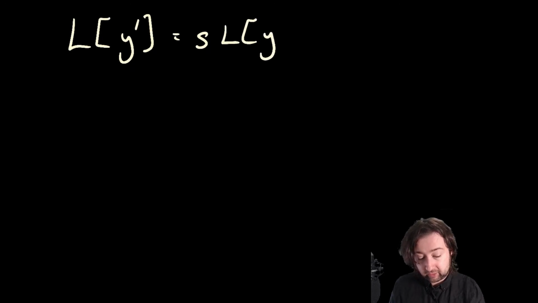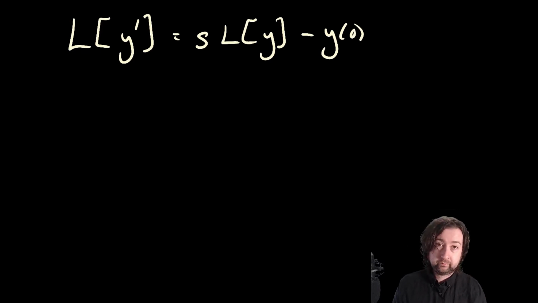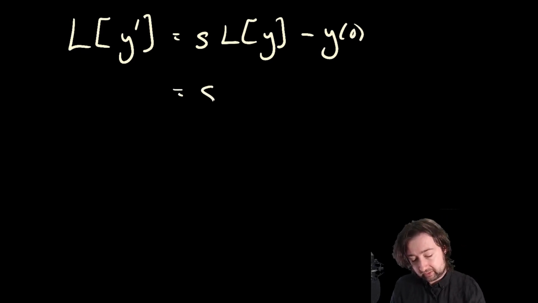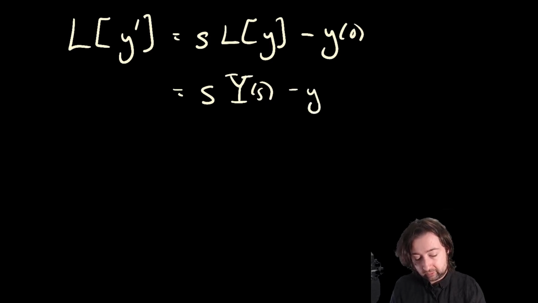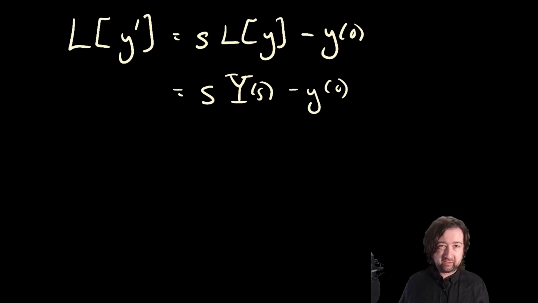If I take the Laplace transform of a derivative, what we got was s times the Laplace transform of the function minus the initial value of the function. It's more common to write this as s times capital Y of s minus lowercase y of 0, so that you're not having to write L's all over when you're plugging these things into equations.